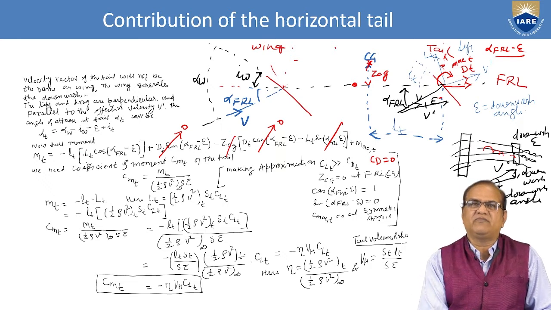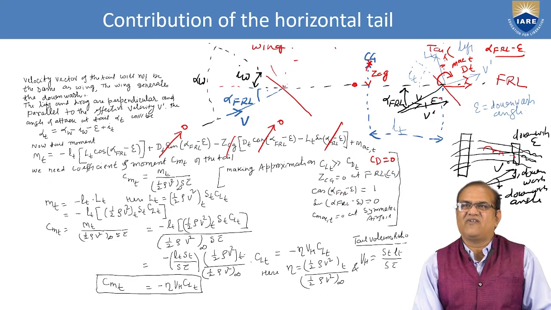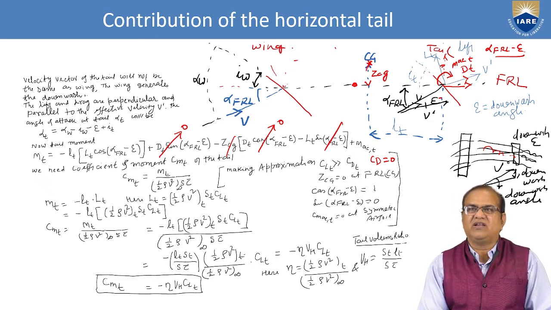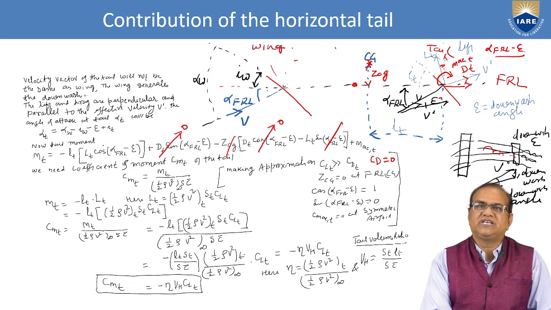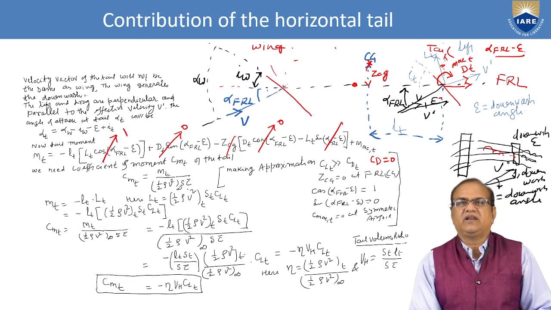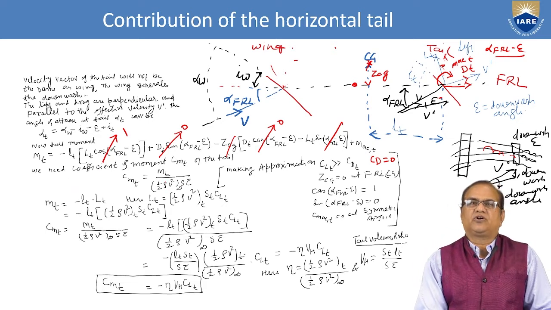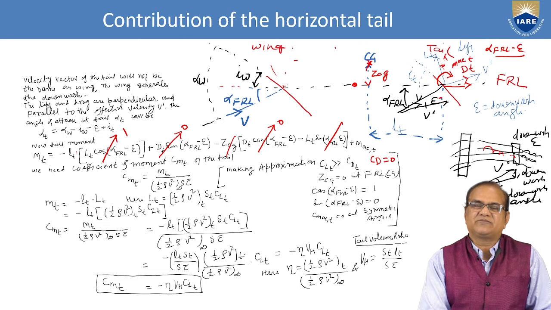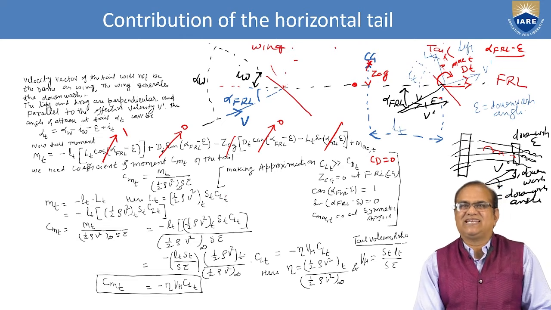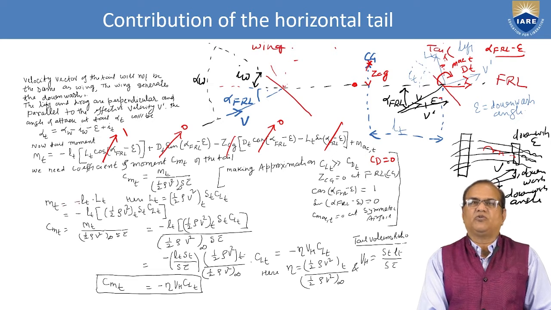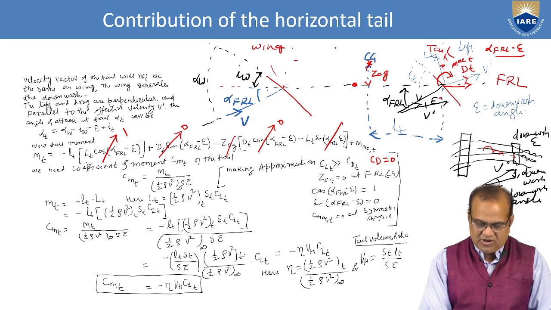So only one term will be here, and here also we have taken cos(alpha FRL minus epsilon) as very small, and it is 1. So this term will be 1. So here we got that MT is equal to minus Lt into small lt.